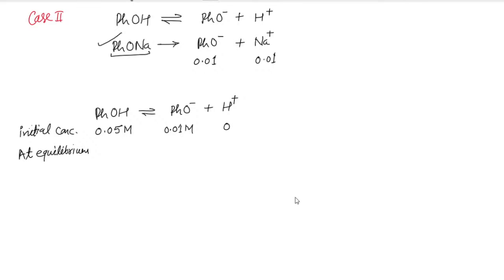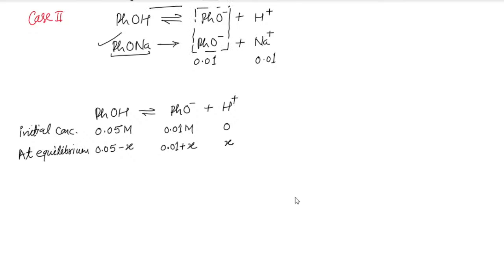Now at equilibrium, it is 0.05 minus X. Let us say X mole of phenol is ionized. So it becomes 0.01 plus X and X. In this case there is a common ion effect.